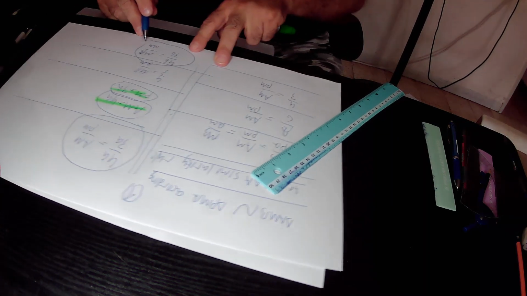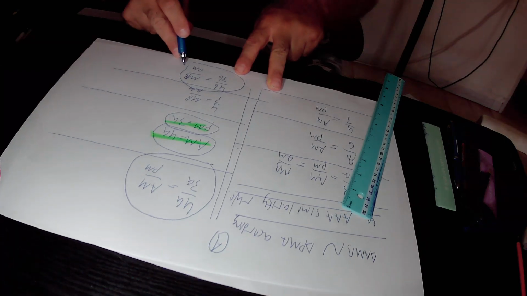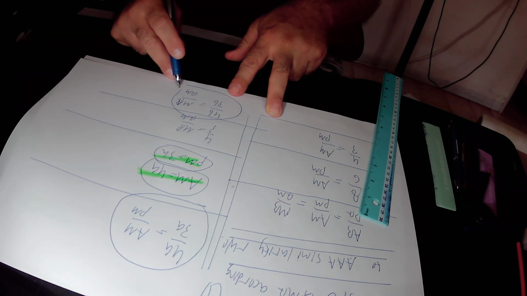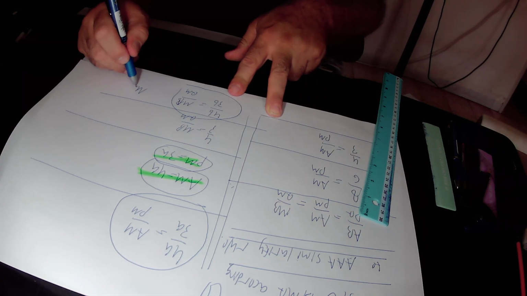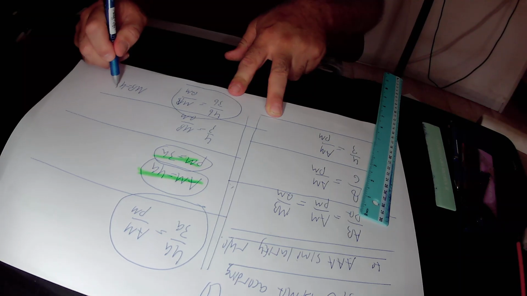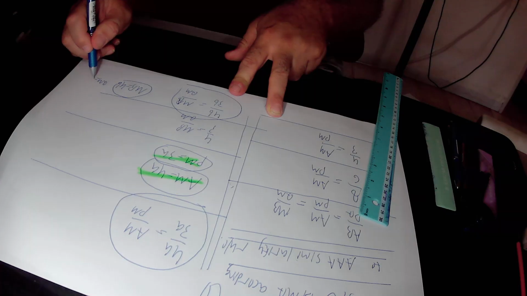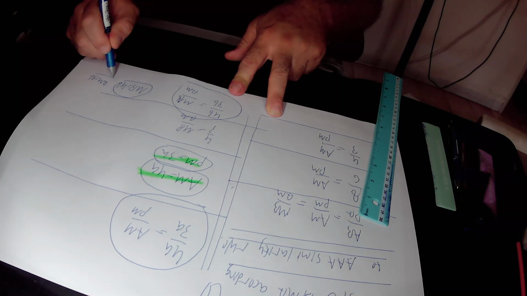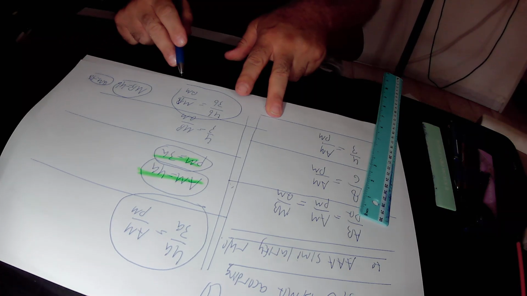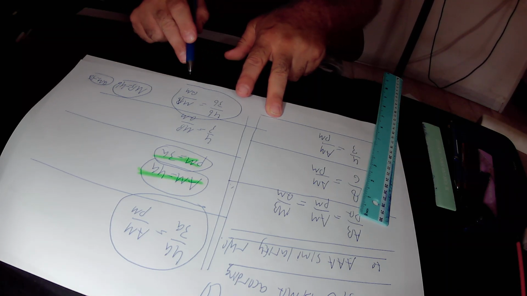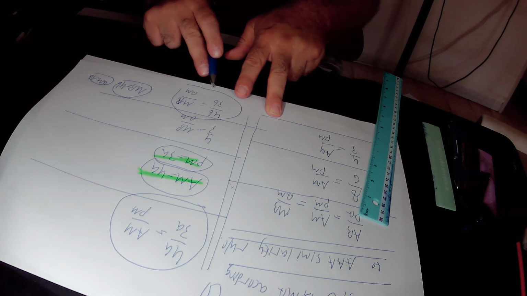What is the meaning of this equation? The meaning of this equation is that if MB equals 4B, then QM must be equal to 3B.